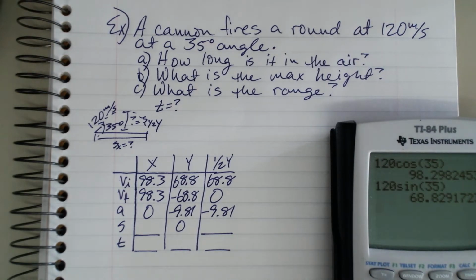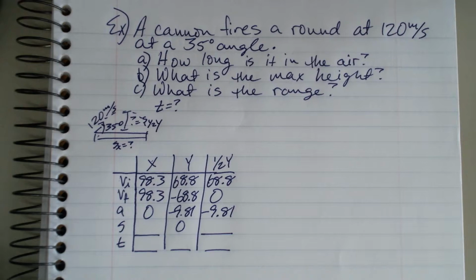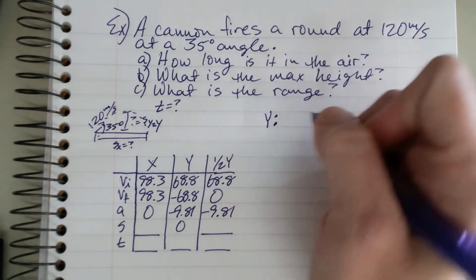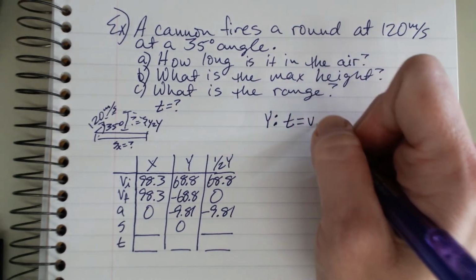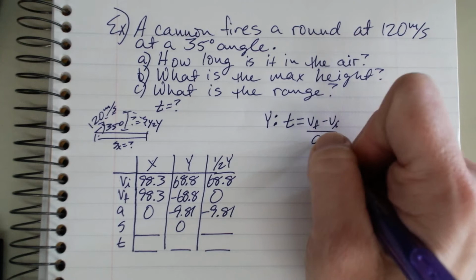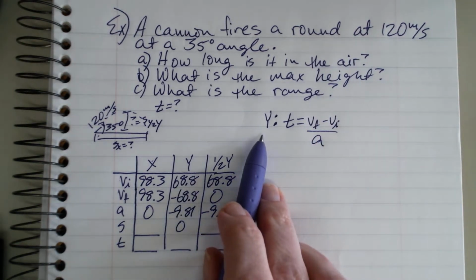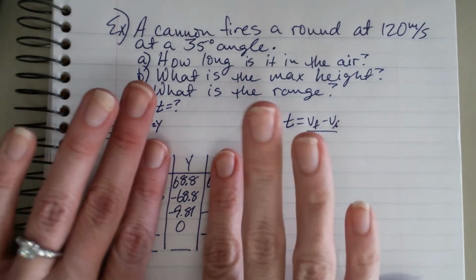Okay, so to find time, you can either use your Y or your half Y. I'm going to use my Y values. Time is V final minus V initial over A. That's why I put a Y there, because I'm not even going to look at these two parts of the chart.